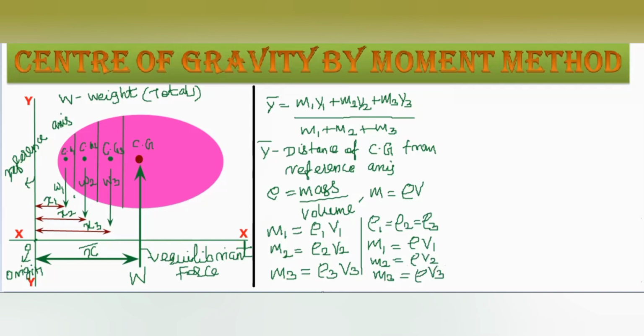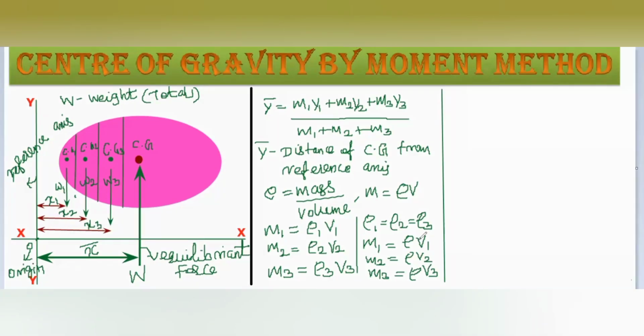Then if you substitute the values here, instead of m1, m2, m3 in this y bar equation, we can write y bar equals, instead of m1, we are going to substitute rho V1.